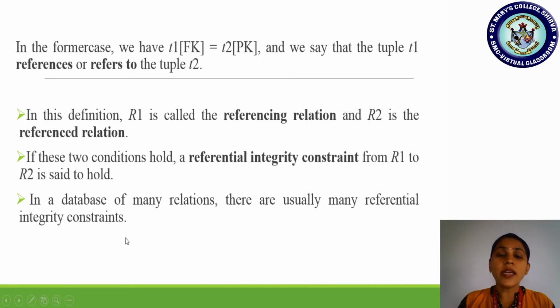In the database environment, as there exist many relations having relationships between them, this referential integrity exists to a great extent. We find many foreign key references, or referential integrity constraints, in a big database schema.